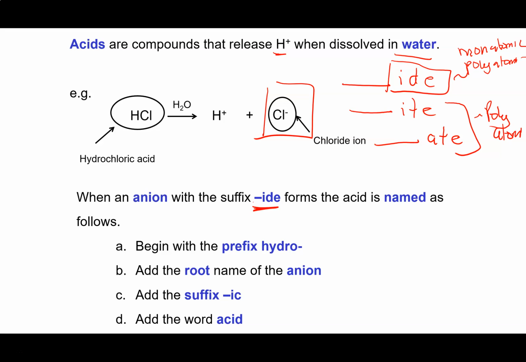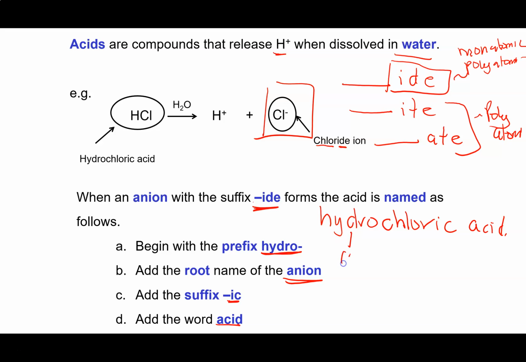If the anion that is formed when the acid is dissolved in water ends in IDE, then this is how we name the acid. We begin with the prefix hydro, we write the stem or root name of the anion, and then we finish that off with the letters IC and add the word acid. Here, the anion ends in IDE, so we start with hydro, then we put the stem name of the anion, chlor, then the letters IC, and finally the word acid.